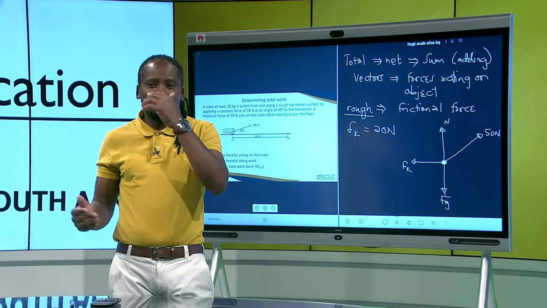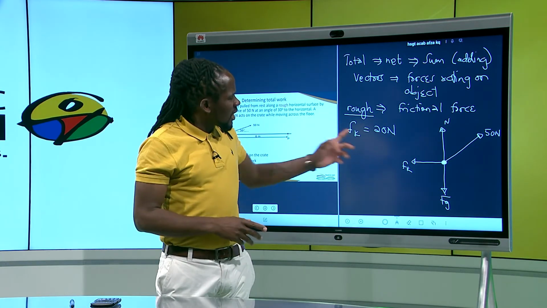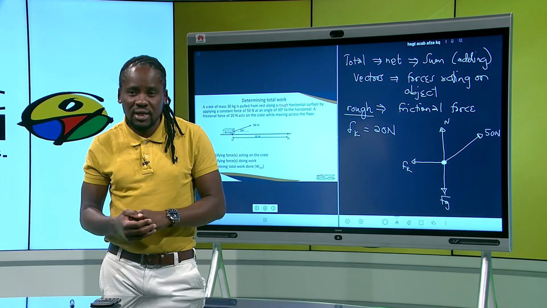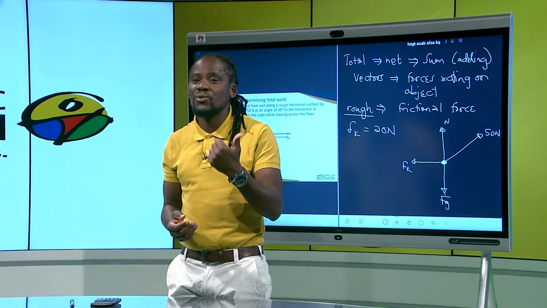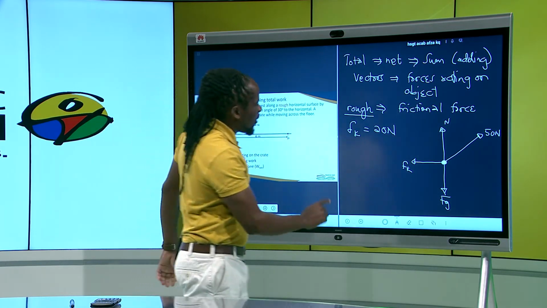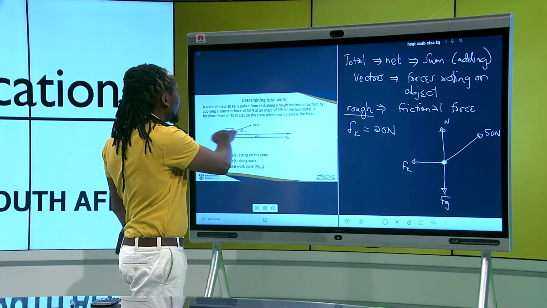Now, the next piece of the puzzle is to ask ourselves which of the forces are actually doing work on the object. We know there is positive work, there is also negative work, and there are forces that don't do any work. The assumption is that the object moves horizontally.